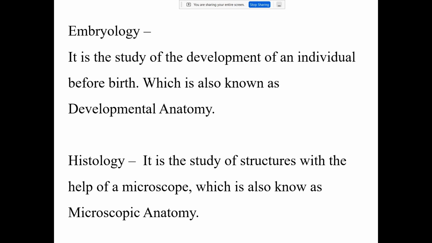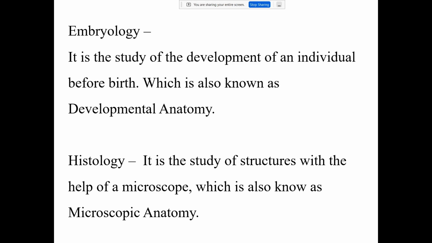You know what the human body is? It is nothing but billions of cells. So this cellular study under the microscope gives us the knowledge of normal or abnormal changes in a particular organ. That is called microscopic anatomy, cellular level.